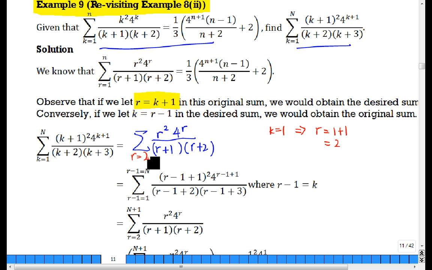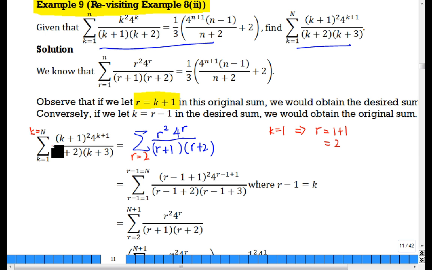Now, look here. The last value here is actually K equals to N. Can we write this here? It is actually K equals to N. It's just that we very seldom write that because we assume it is understood.